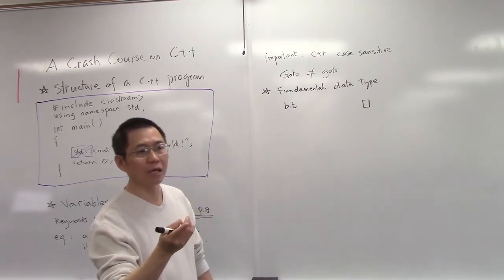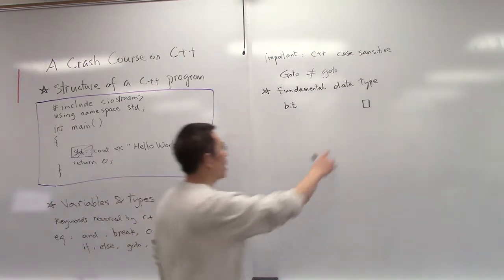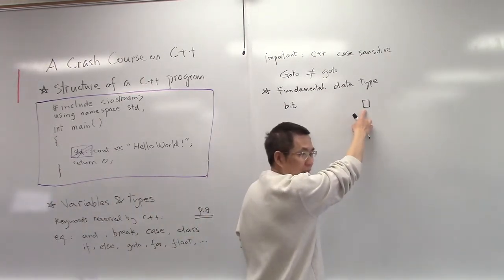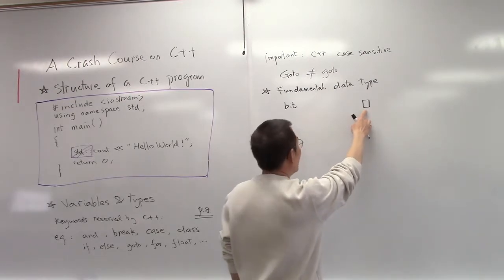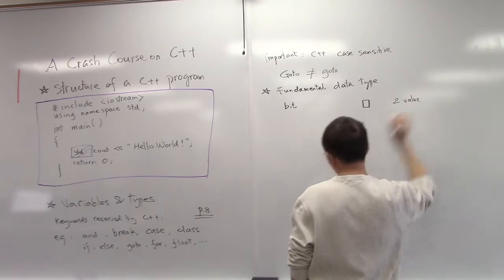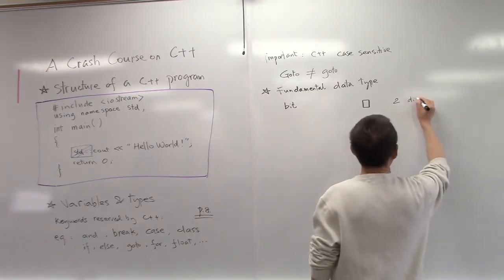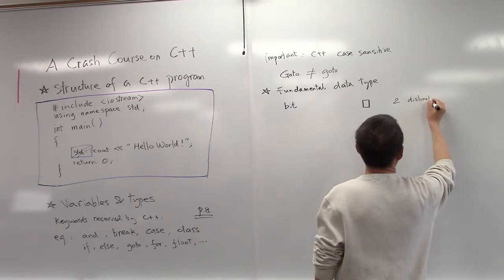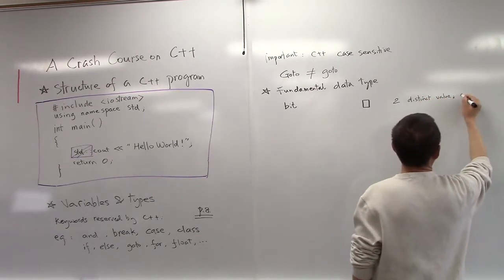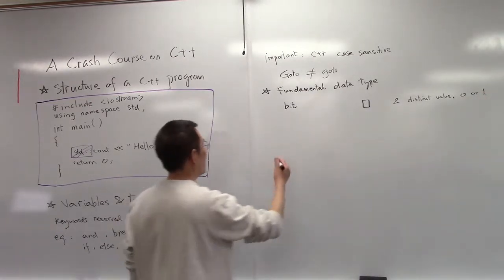And we all know that computer operations are binary. So a bit is the smallest storage space. It has 2 values. You can store 2 distinct values, 0 or 1. So that's 1 bit.